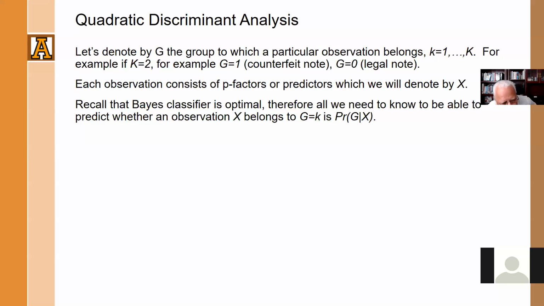Now, remember that we saw earlier that the Bayes classifier is optimal. Since the Bayes classifier is the optimal classifier, all we would need to know is the probability of belonging to a certain group given the values of X, the P values of the P predictors in X. That's all we need, this posterior probability.